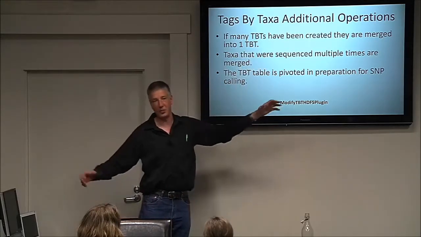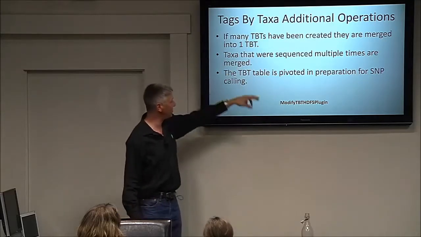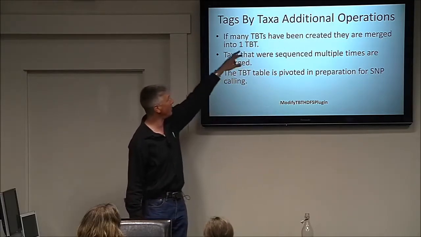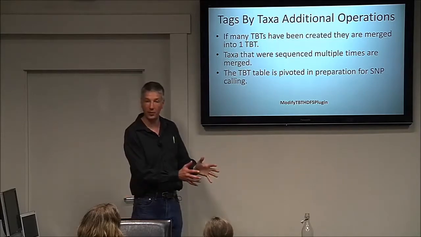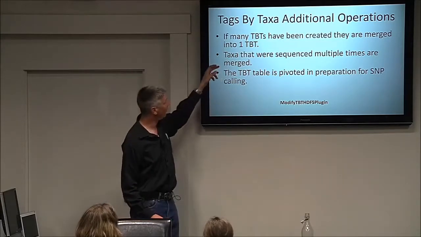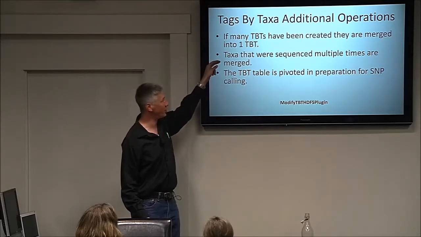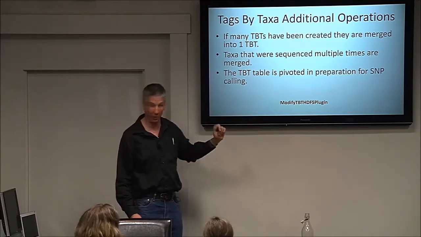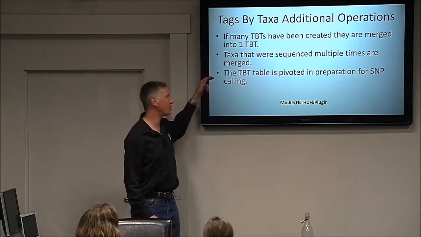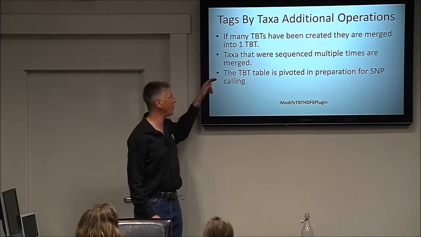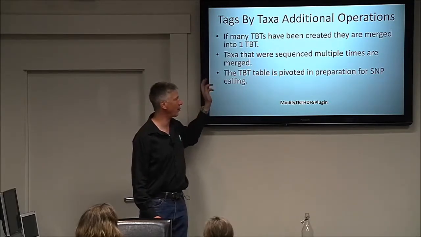Well, that's great, but you've got to get them all together. So this modified TBT HDF5 plugin will merge a bunch of them together if you've created a bunch. This is a step at which you can merge taxa that were sequenced multiple times, which Katie was discussing before. And this plugin will also pivot the TBT in preparation for SNP calling.